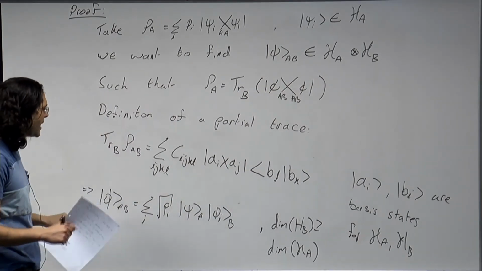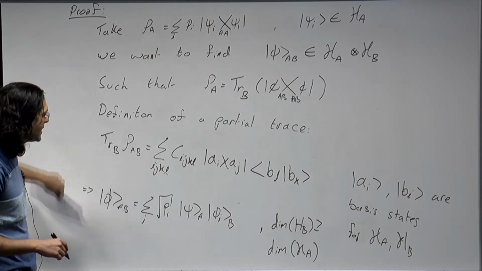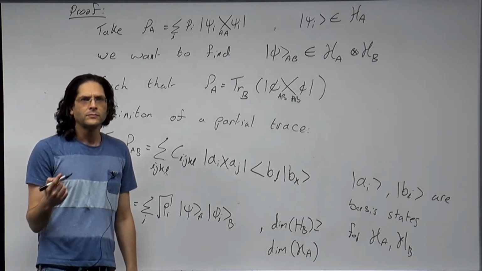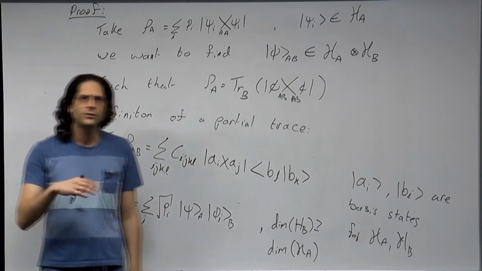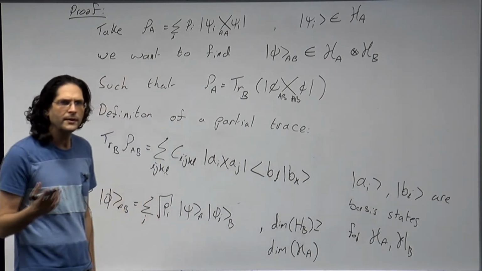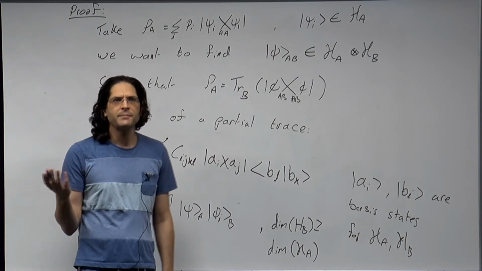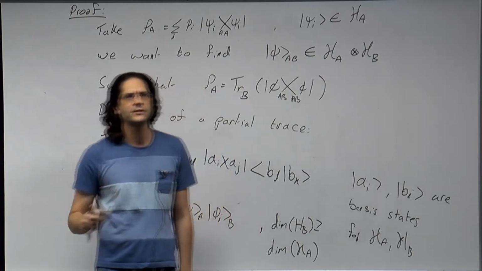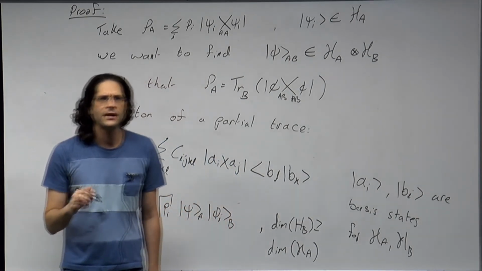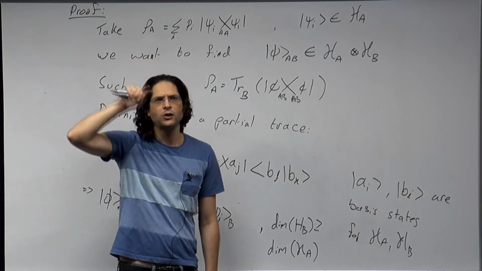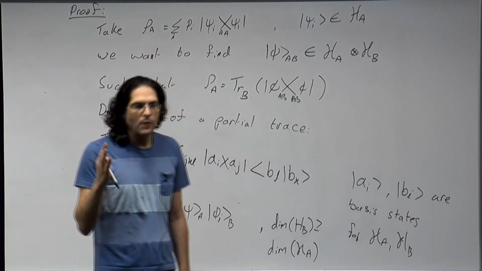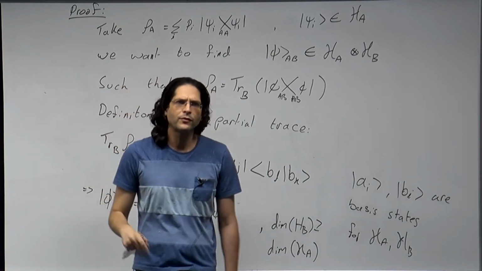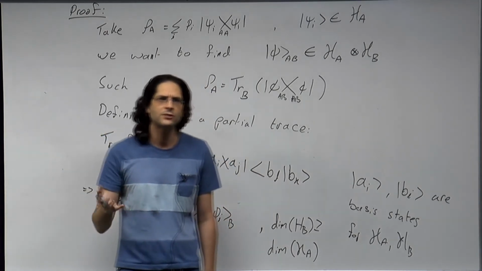An additional property that you can see here is that this decomposition is not unique. Go back to the simple example of a qubit. Let's think of a density matrix with only two diagonal elements, for an ensemble of qubits. You can have many qubits that are zeros and many qubits that are ones, and that will give you a density matrix. You can have many qubits in the plus state and the same number in the minus state. That will give you the same density matrix.